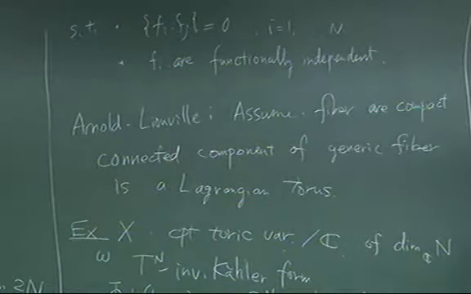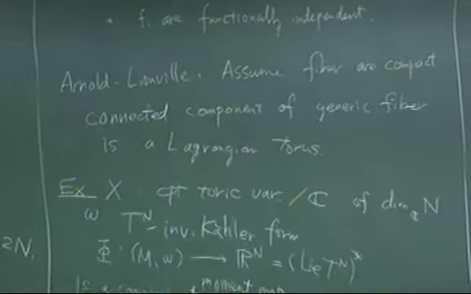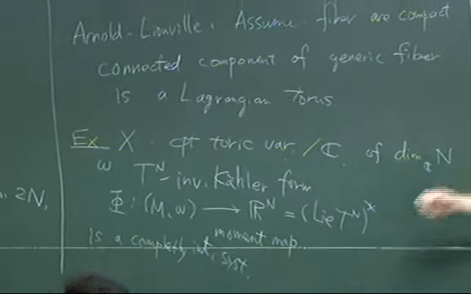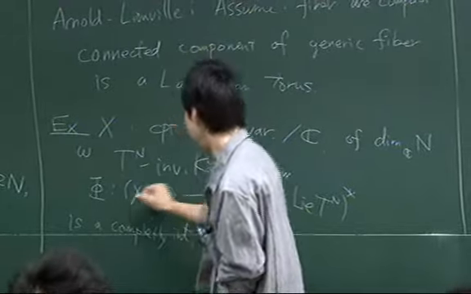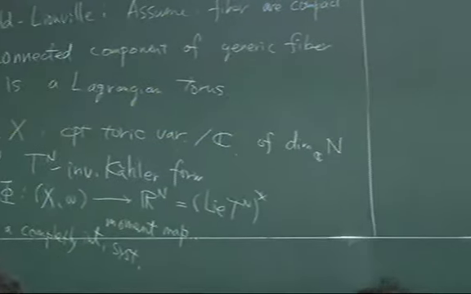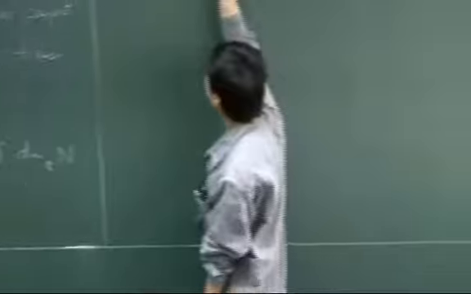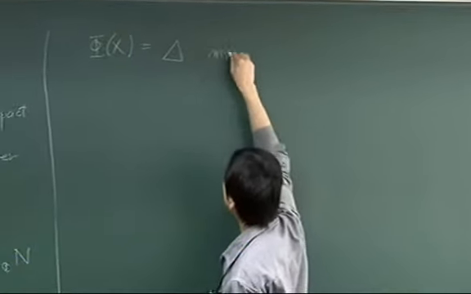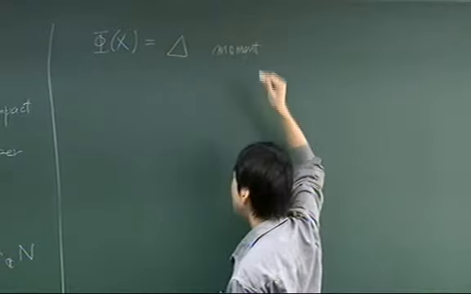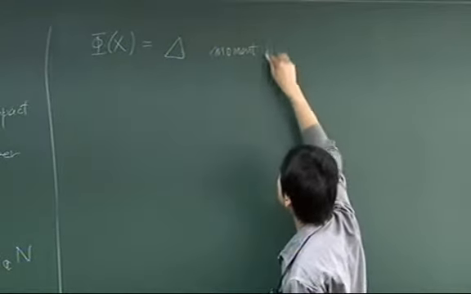And the property is that the image of X is a convex polytope called the moment polytope.